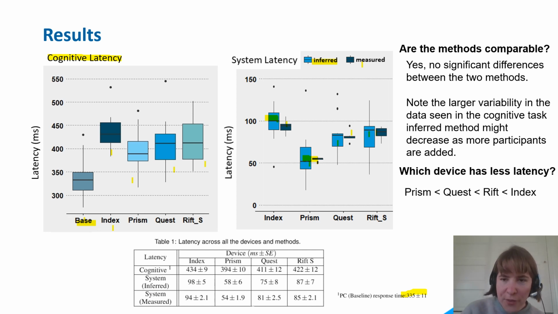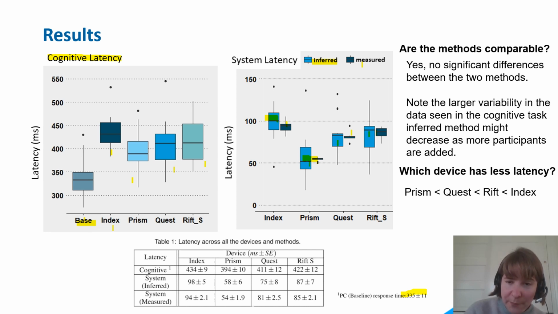A few things that we find from the inferred cognitive latency versus the measured photon-to-photon latency. First, we don't find significant differences between the methods. Whatever we found on inferred was comparable to whatever we found on measured. You can already see that here.